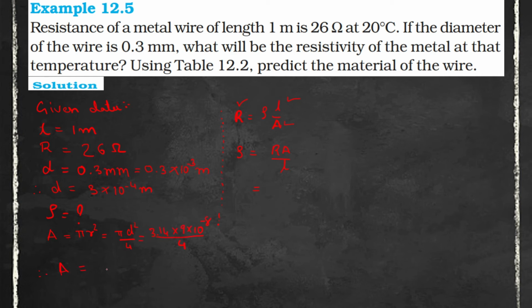Area which we will get will be 7.065 into 10 raised to minus 8 meter square. Now we have to substitute all these values in this equation. So after solving this, the value of resistivity which we will get will be 1.84 into 10 raised to minus 6 ohm meter. So hence we got our required value.